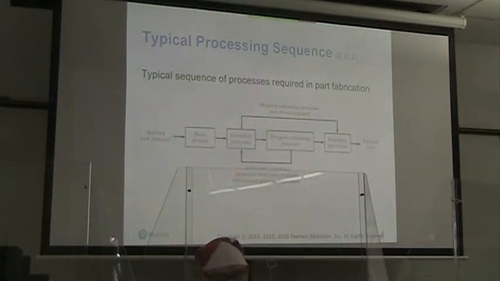All right, so here we're seeing the typical processing sequence, and this is the typical sequence of processes required in part fabrication. So we start with a raw material. We have a basic process that gets it somewhat in the shape that we want. A secondary process that further enhances that shape.